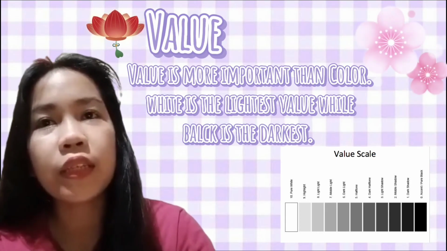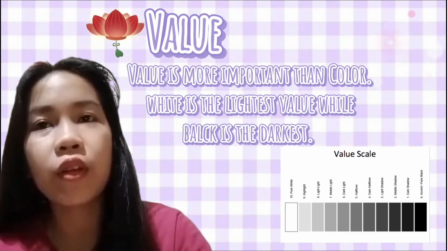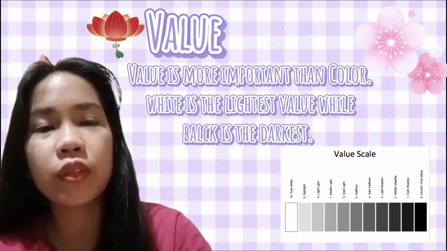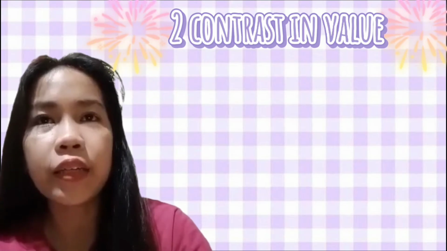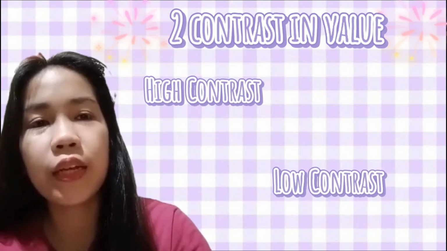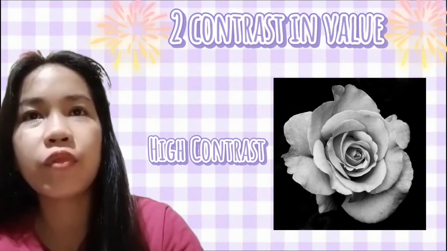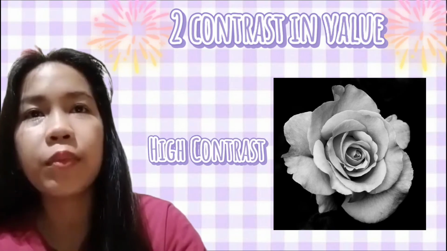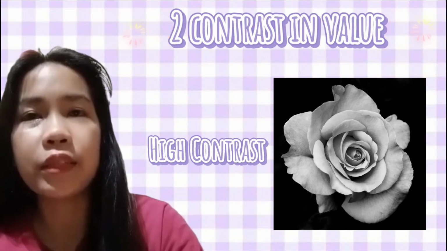Even if your design only consisted of one color, you could vary the value of the color to create depth and contrast in your artwork. There are two contrasting values, which are high contrast and low contrast. High contrast images or artworks have few tonal values in between stronger hues like black and white, yung tinatawag na middle gray.